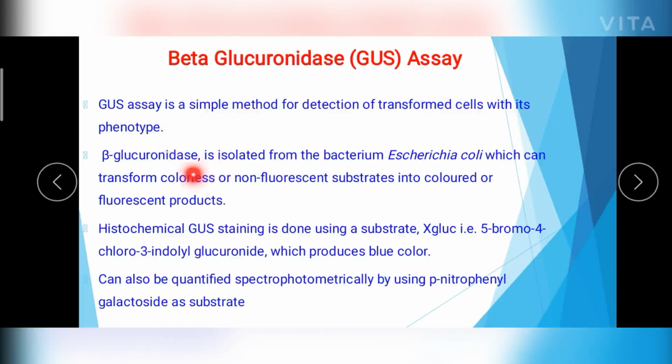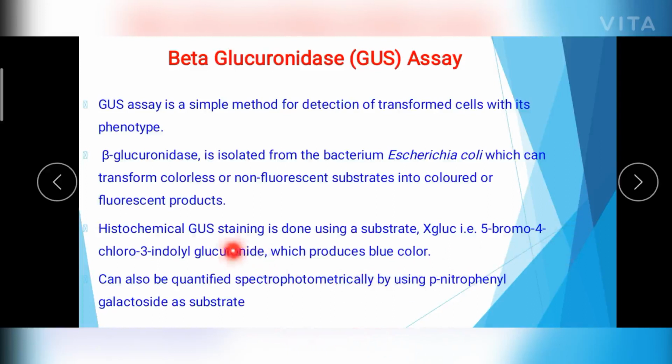The transformed cells. The beta-glucuronidase is isolated from the bacterium E. coli, which can transform colorless or non-fluorescent substrates into colored or fluorescent products.